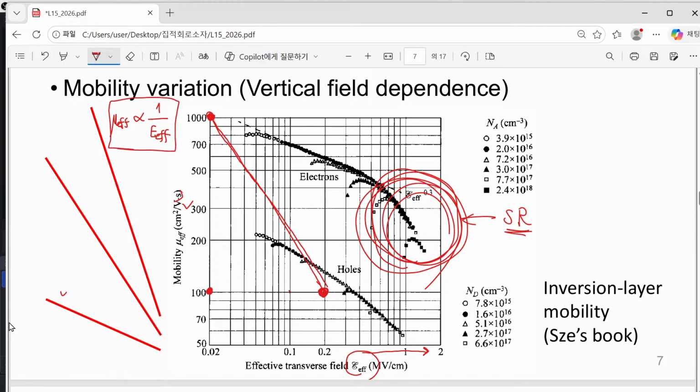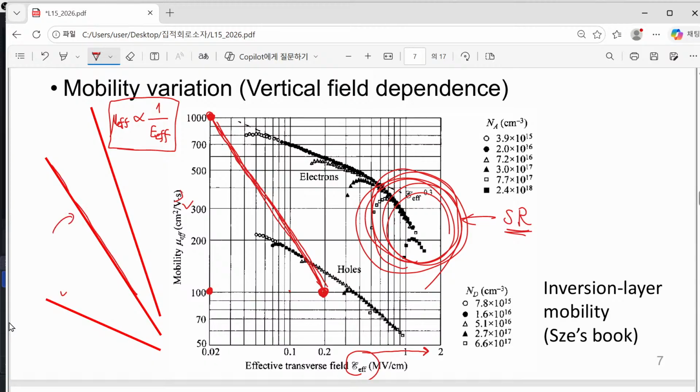If that happens, then you can find this straight line. And please try to find the one corresponding to 1 over effective field. Can you find it? Which one is the most suitable for this description? Maybe this one.